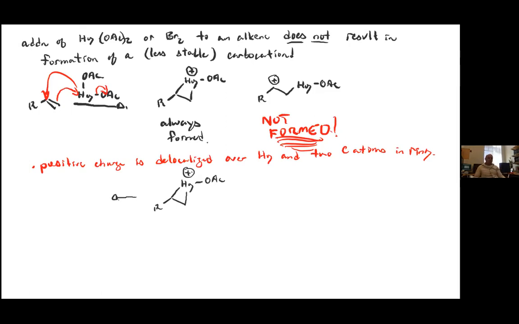Okay, so one structure that I can draw is to cleave this bond here, push the electrons up to mercury, call that path A. And the product then is this.